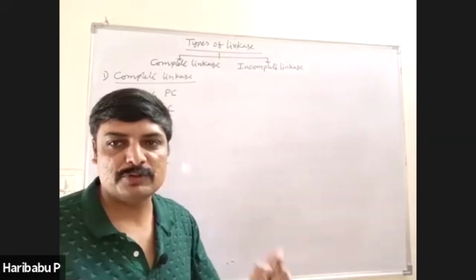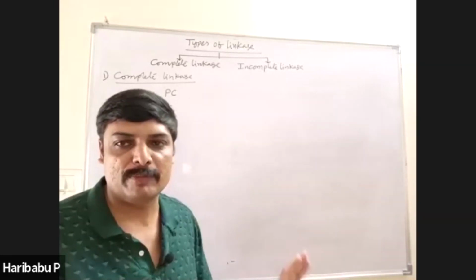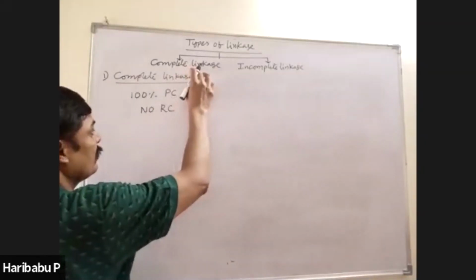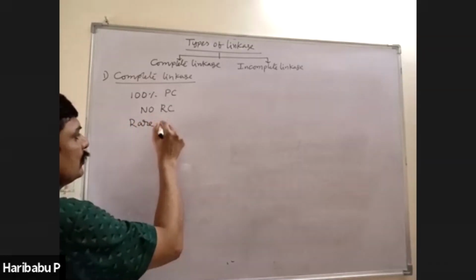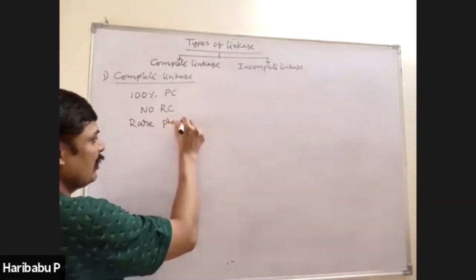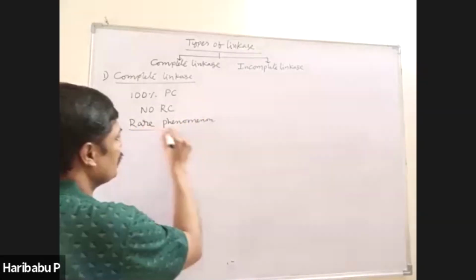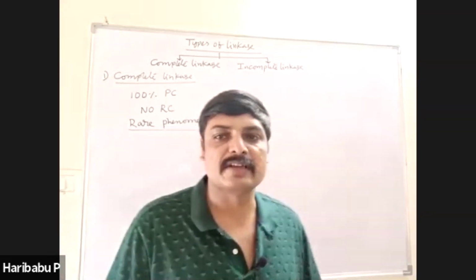When you test cross those, if all one type are produced, parental combination and no recombination, then it is said to be complete linkage. This is a rare phenomenon, because in nature, complete linkage is not common, it rarely occurs.